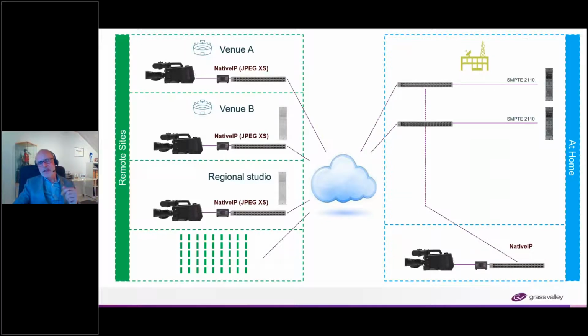But it goes even a step further, because once your signals are in the IP network, you can do the camera shading at any place in the world which has access to that network. So it means you can do really remote shading from a different location. People theoretically can do shading from their home office.